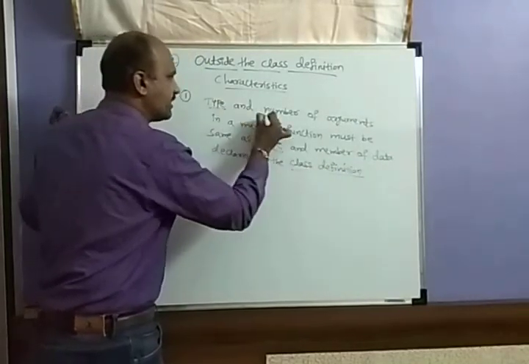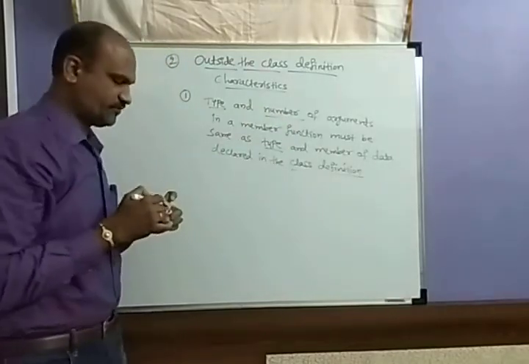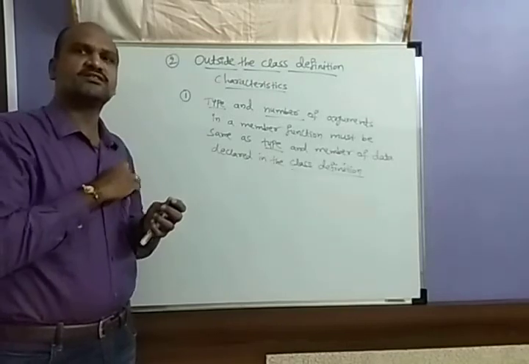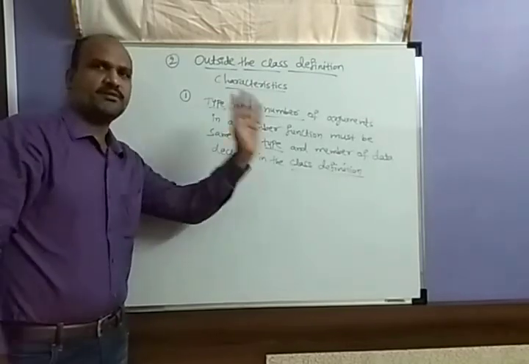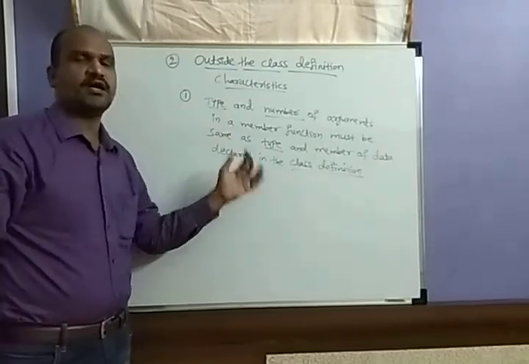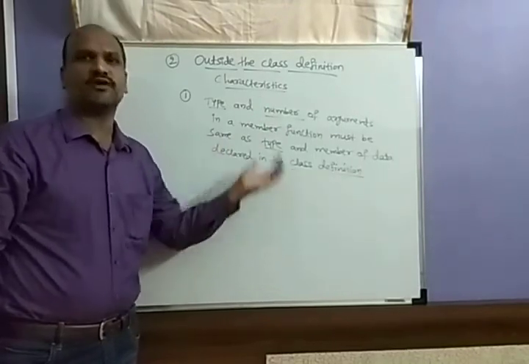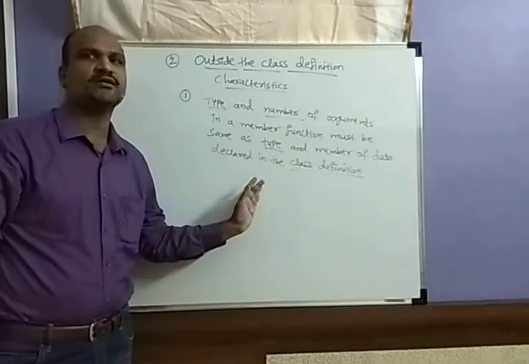The type and the number of arguments must be the same and should not be changed, the same as declared in the class definition. It may be integer or void, and however many arguments you specify, the same number of arguments should be accessed.